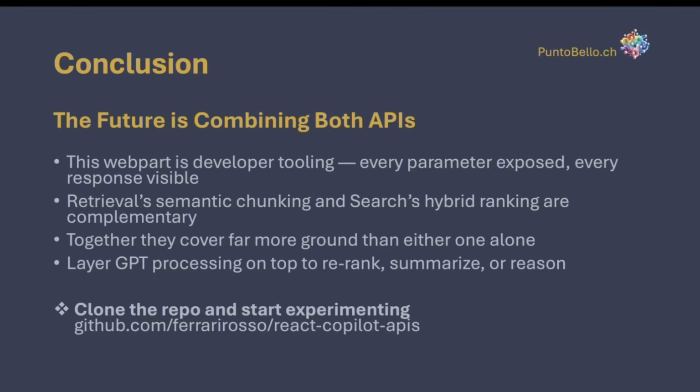Maybe we should add some GPT processing on top to re-rank, translate, summarize, or do some reasoning around the results which we gather. But we have all the tooling with SPFx and Azure to do that.